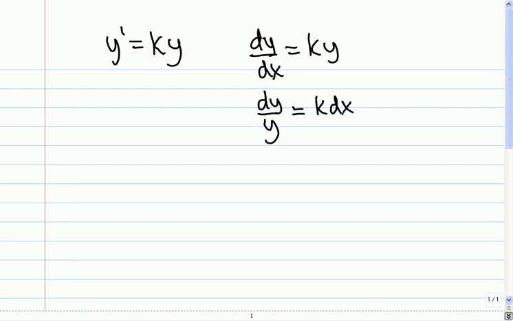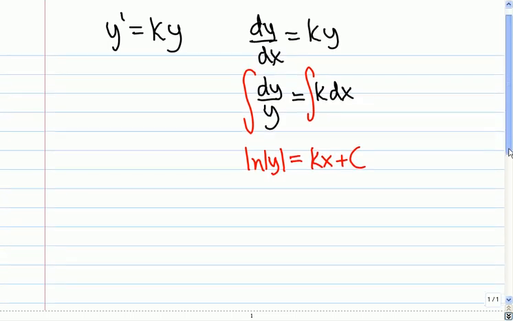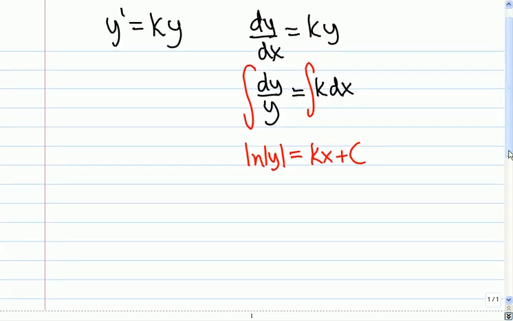And now if I integrate both sides, I'm going to end up with natural log of y equals kx plus some constant. And we're going to rewrite just like we did before. So it's going to become e to the kx plus a constant is y. And as I just explained, that's going to give us a final answer that looks like this.